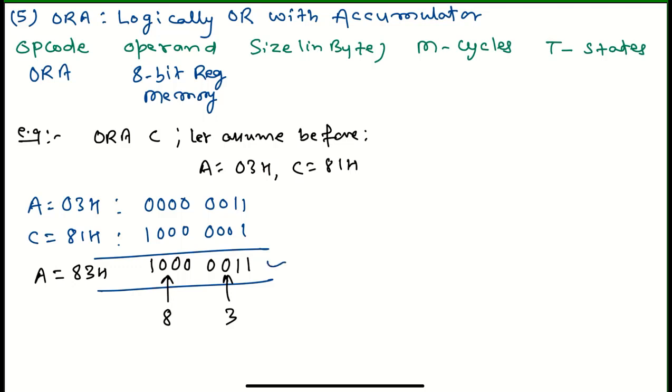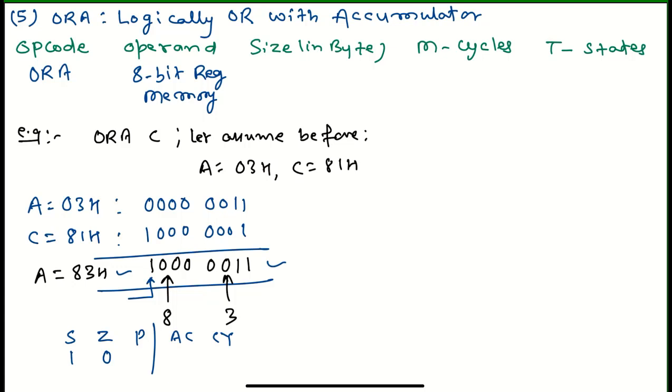So here we can write sign, zero, parity, and on this side auxiliary carry and carry. The sign bit will change as per the result. Here the MSB is 1, which means the sign bit will be 1. And this result is 83H, which is a non-zero result.